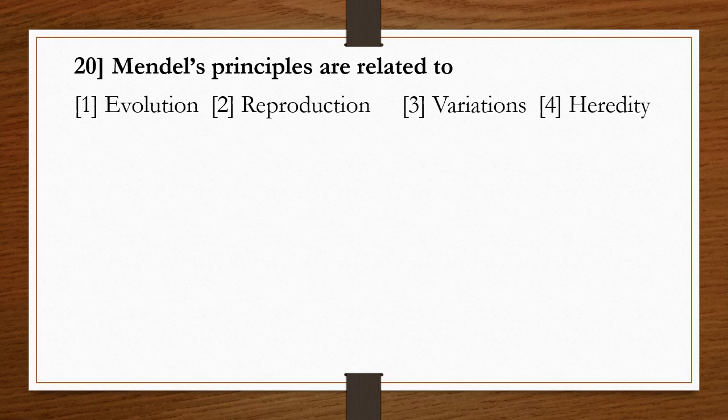Question number 20. Mendel's principles are related to: 1 evolution, 2 reproduction, 3 variations, 4 hereditary. Mendel is the father of genetics.